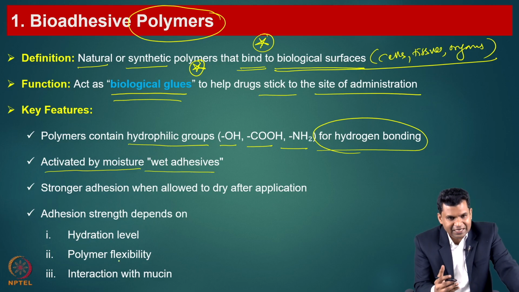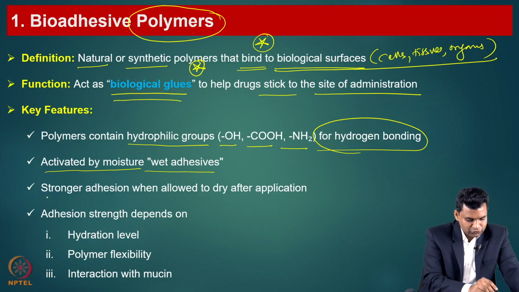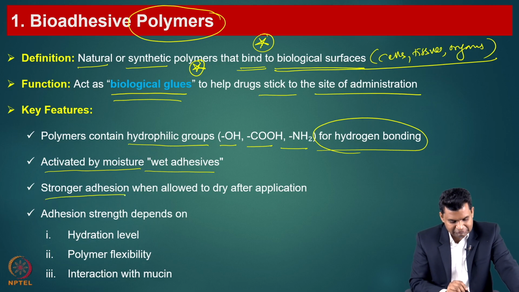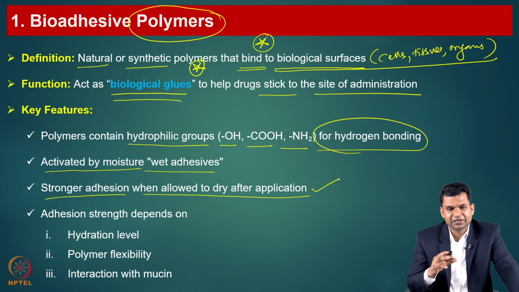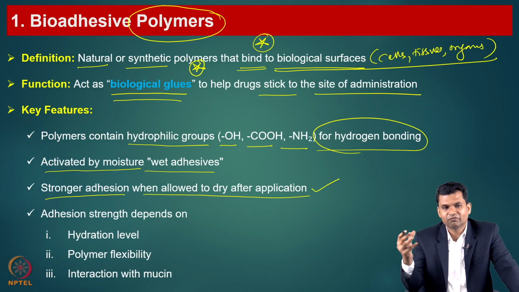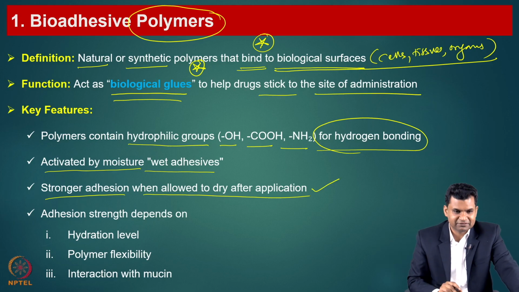And your polymer should have stronger adhesion when allowed to dry after application. This we also discussed in our previous classes as an ideal characteristic for the mucoadhesive drug delivery system.